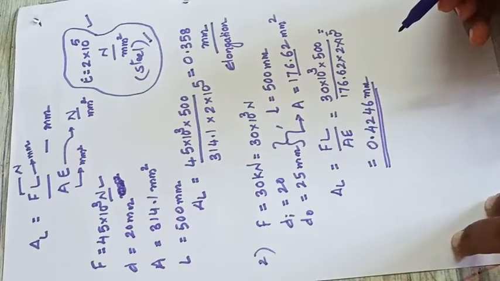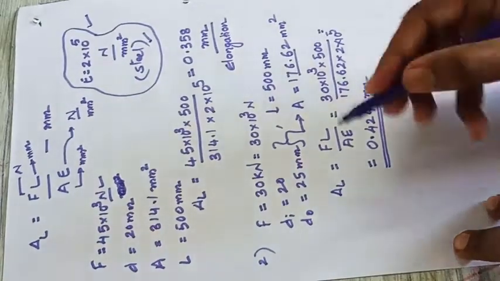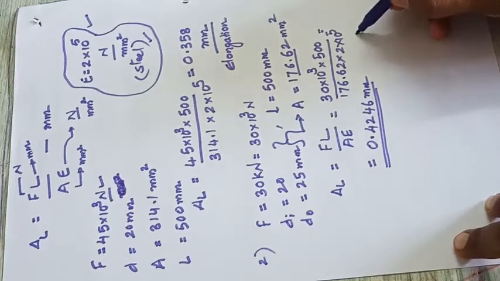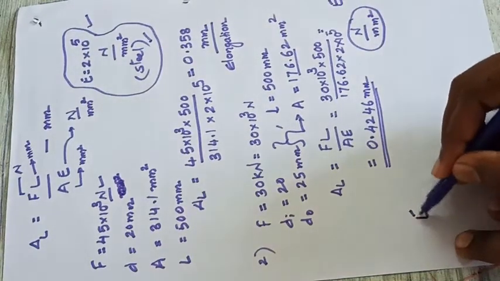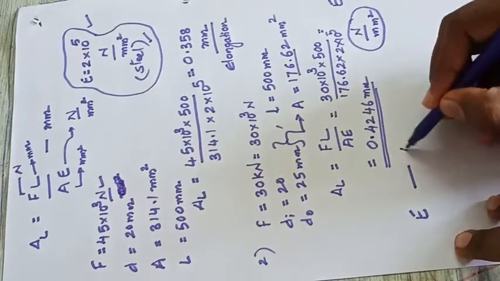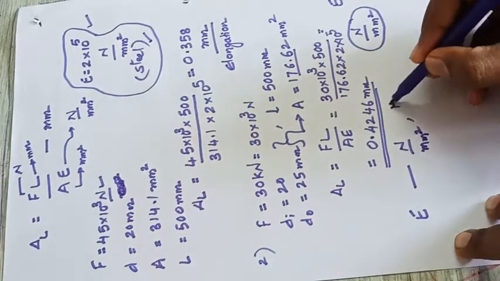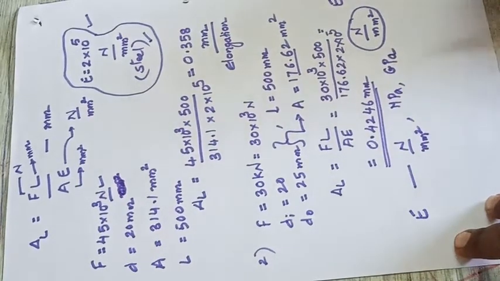One thing to always remember is that we have different units for the Young's modulus. Sometimes in the problem it is given as Newton per mm square, or sometimes as MPa, or sometimes as GPa.